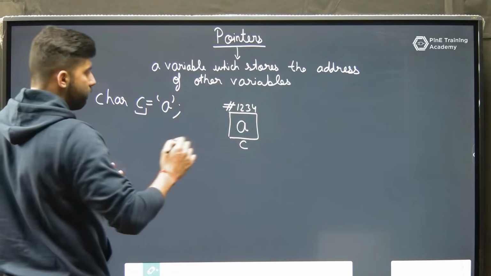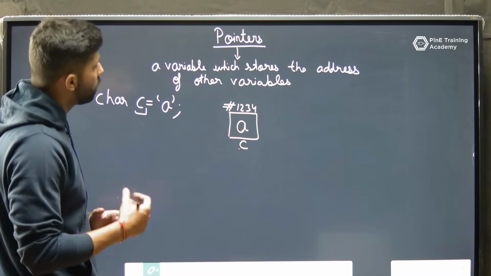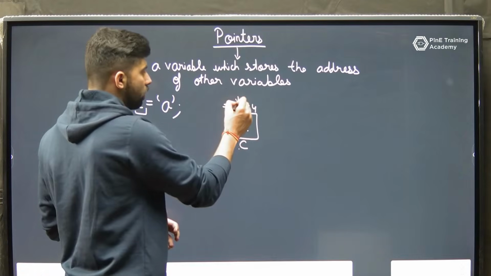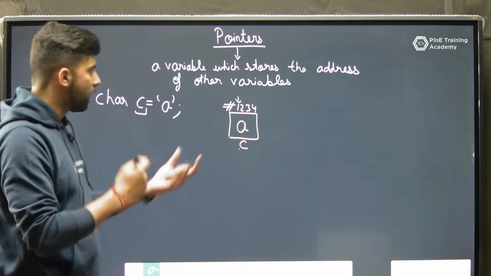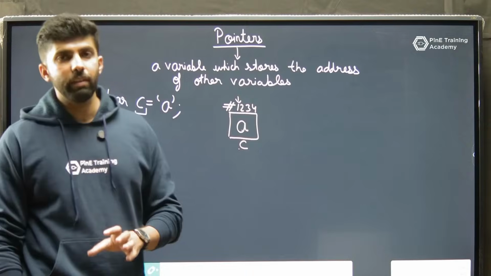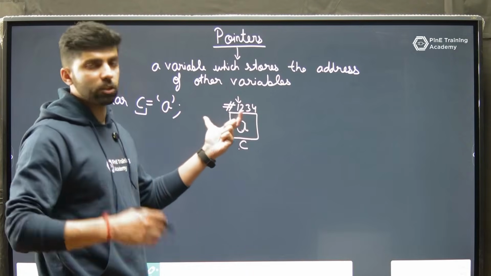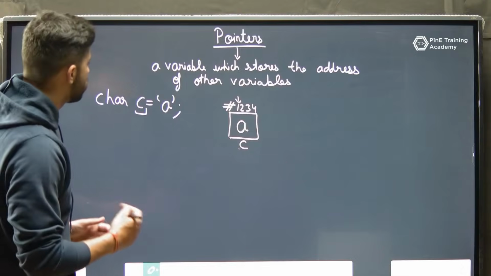Now a variable normally stores a value, but suppose I want to store this address somewhere. I can't do that in any normal variable. For that I need a special variable which we call pointers.